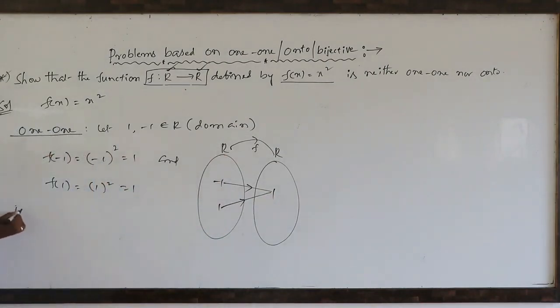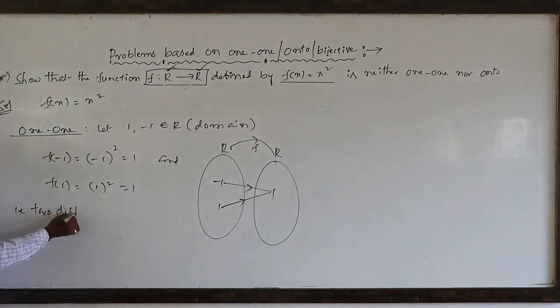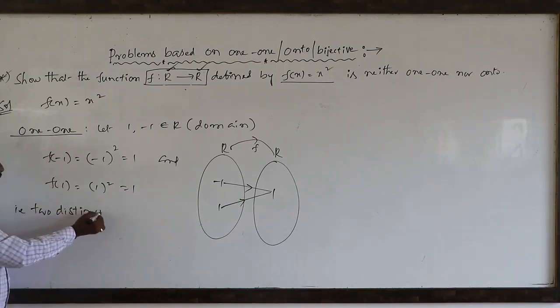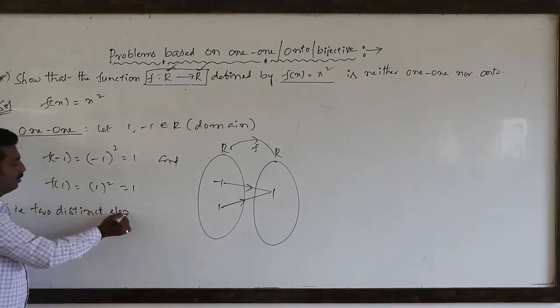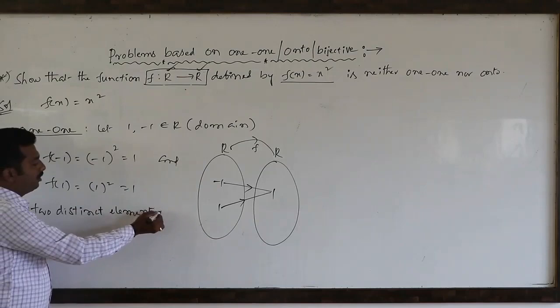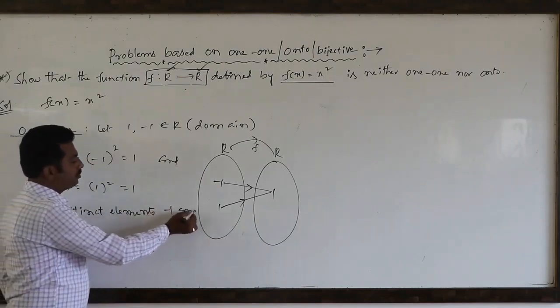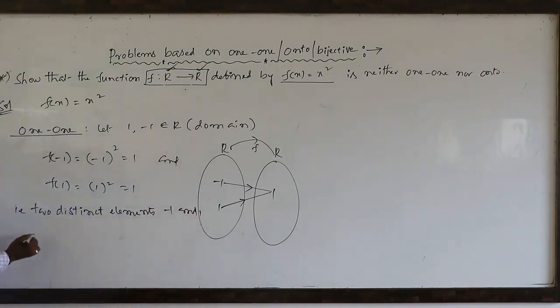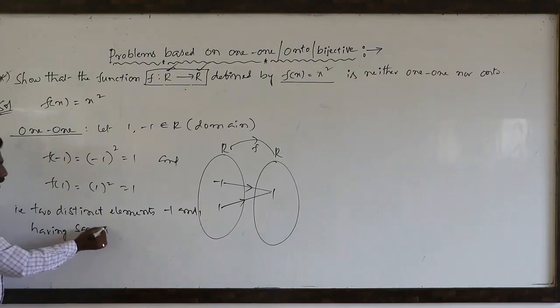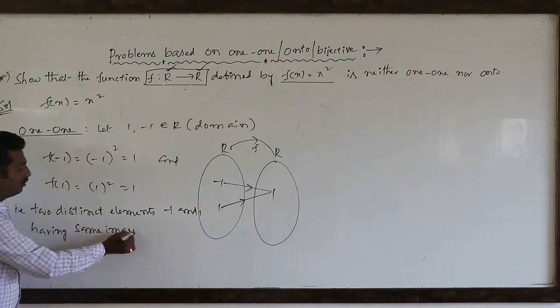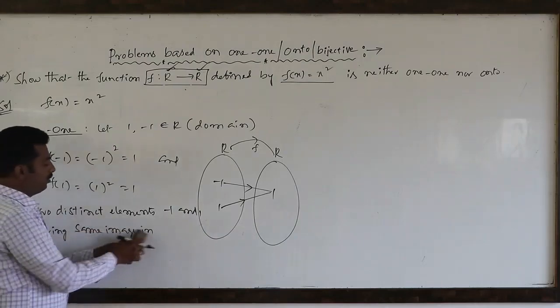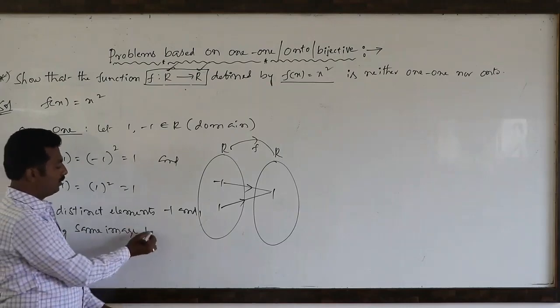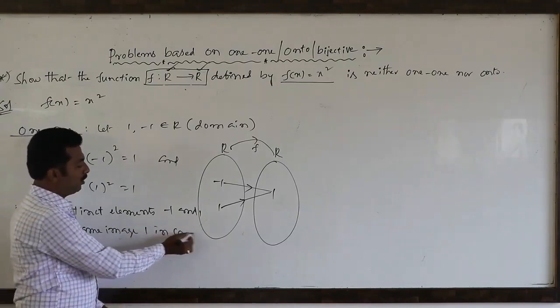So you write like this: two distinct elements minus 1 and plus 1 having the same image 1 in the codomain.